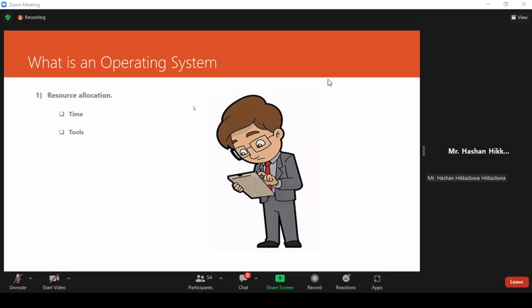So to run our operations smoothly, we need to allocate time, to give time for actually accessing each resource. Also, the operating system needs to allocate the tools.